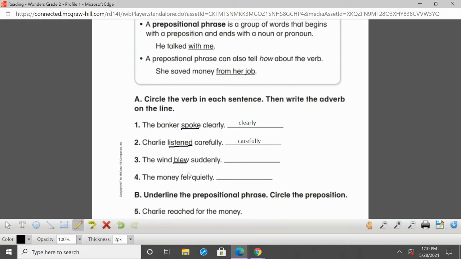Yell it out. Yeah, the wind blew suddenly. So that is our adverb here, suddenly. It blew suddenly.